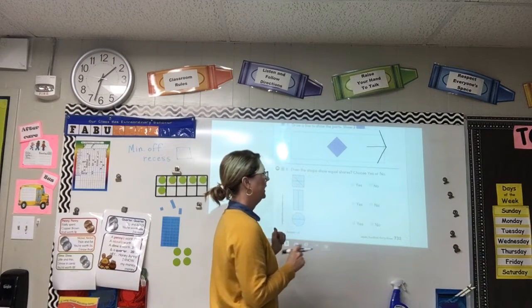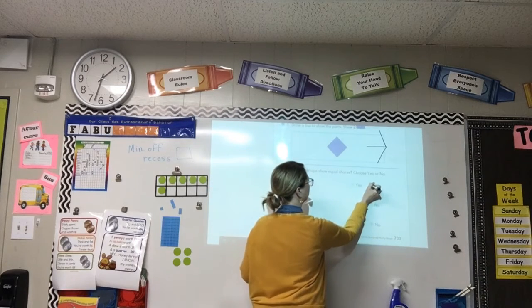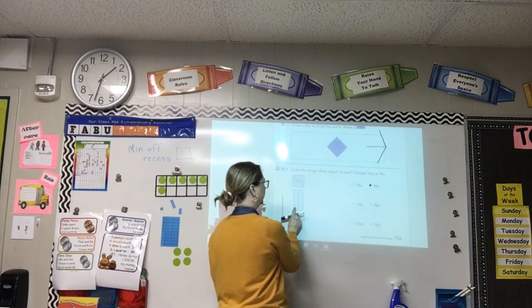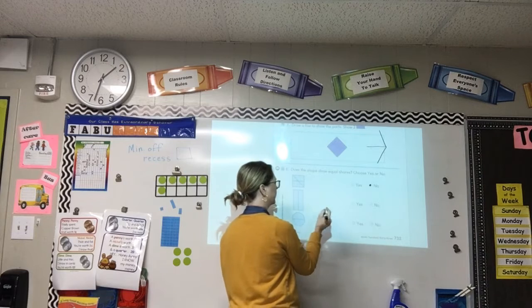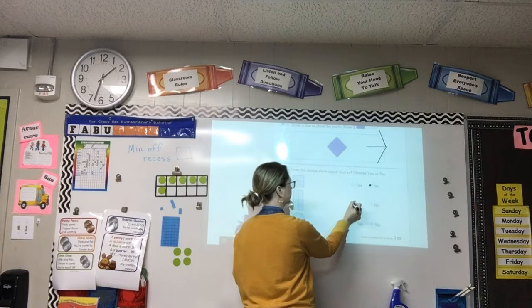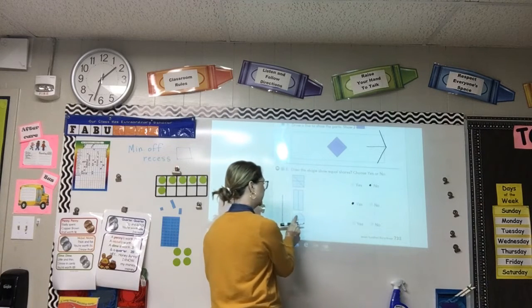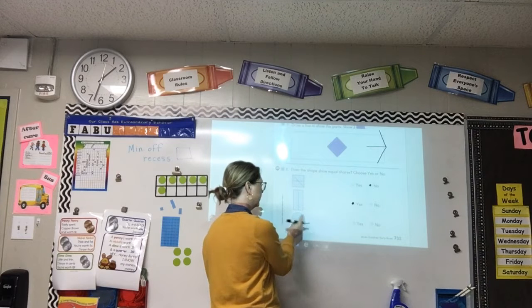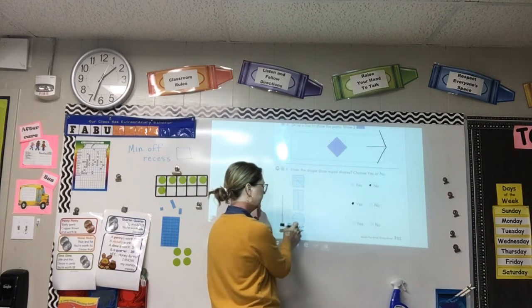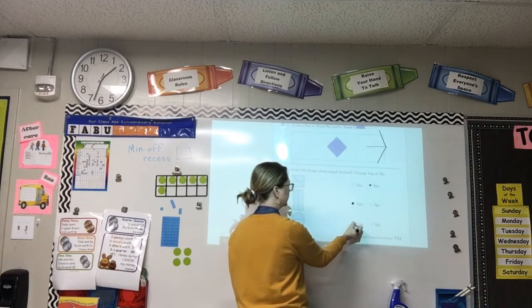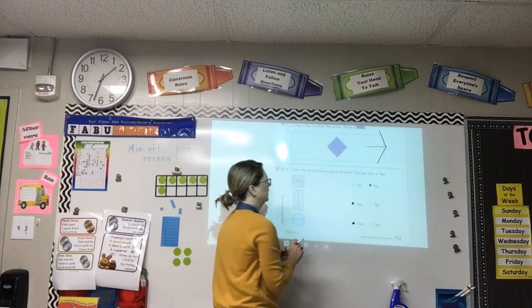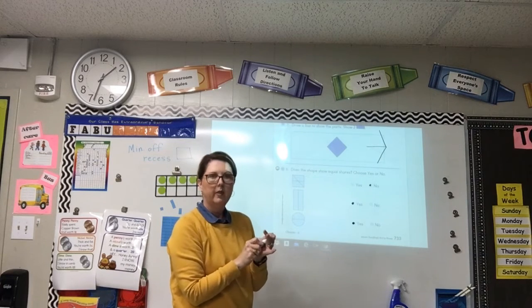So those aren't showing equal shares, so that's no. Look at this one. This has 1 rectangle made into 2 little rectangles, and they are the same, so that's yes, they're equal. And this circle has 2 parts the same, so if I folded them on each other, I can see that the parts are the same, so it's yes. So equal means the same.